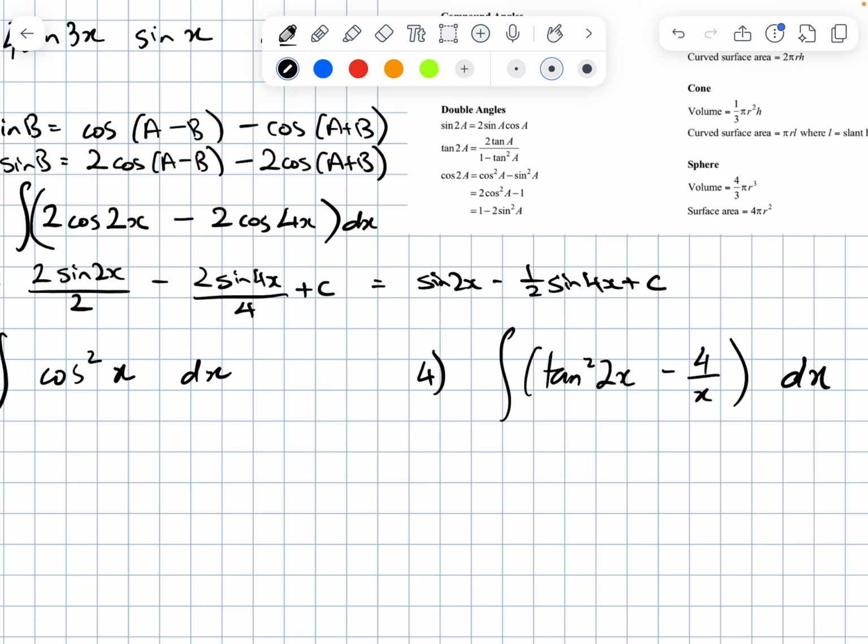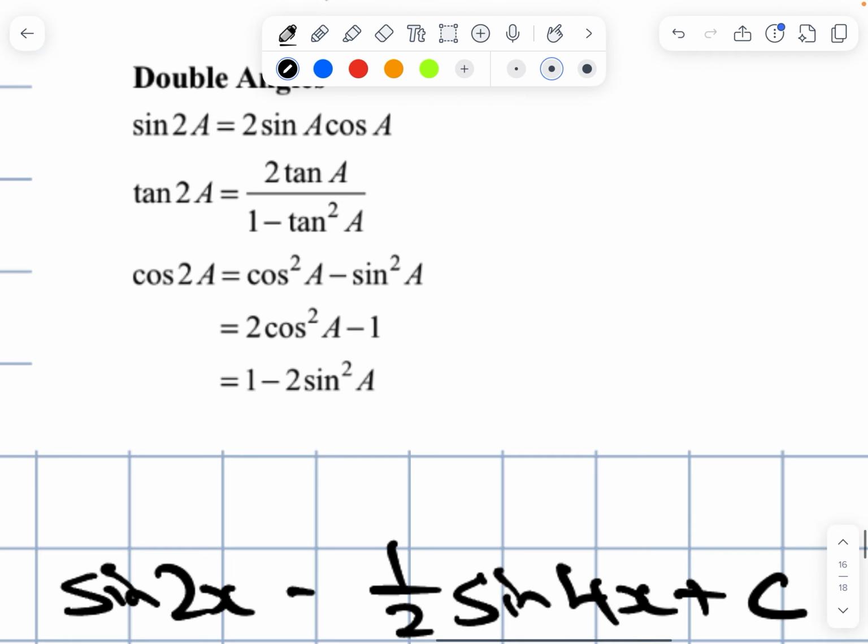So instead we're going to be using a formula for any cos squared or sin squared, one of these formulas here, particularly the bottom two, where cos 2a is equal to all of these things. Because I want just a cos squared, I'm going to use this one here. But if you wanted to integrate a sin squared, you would use the one below.